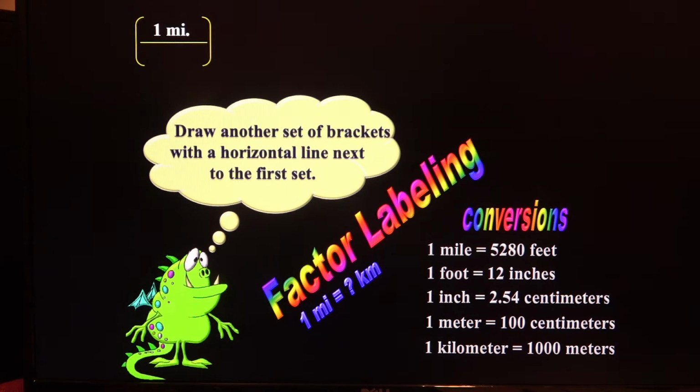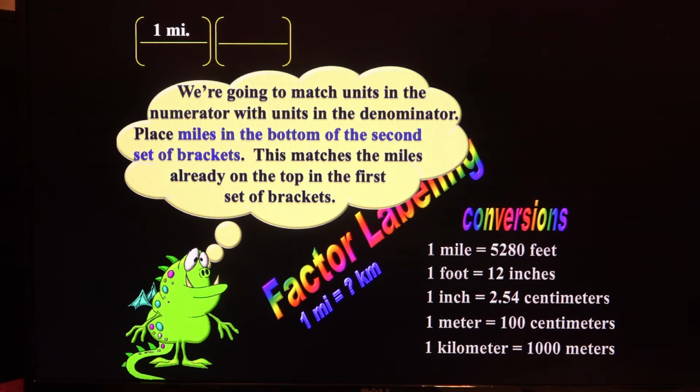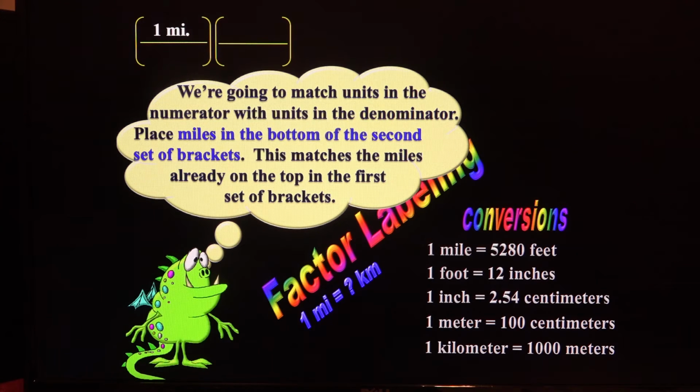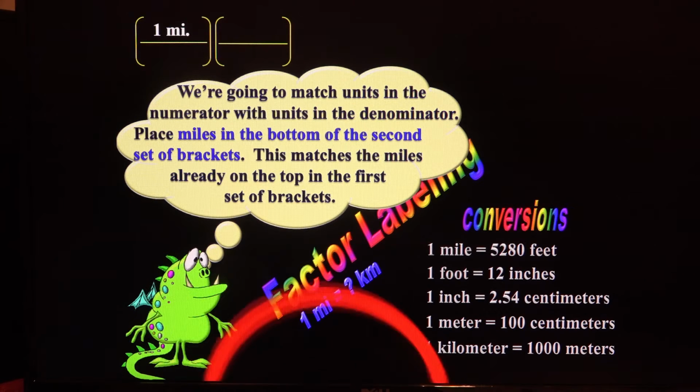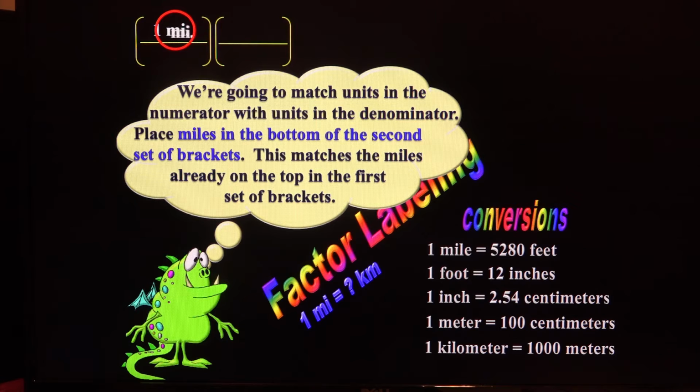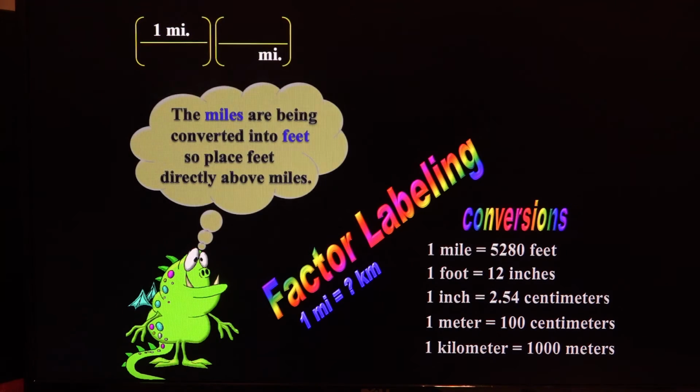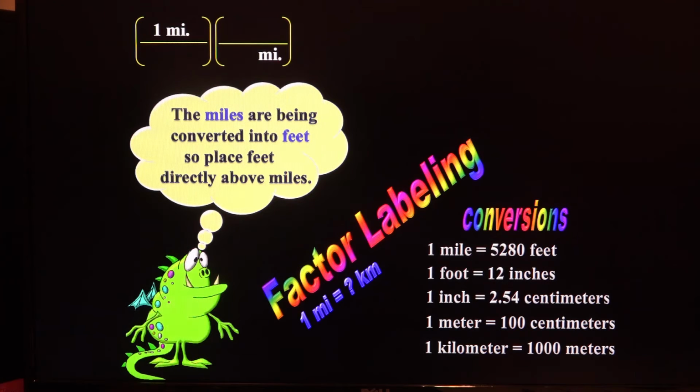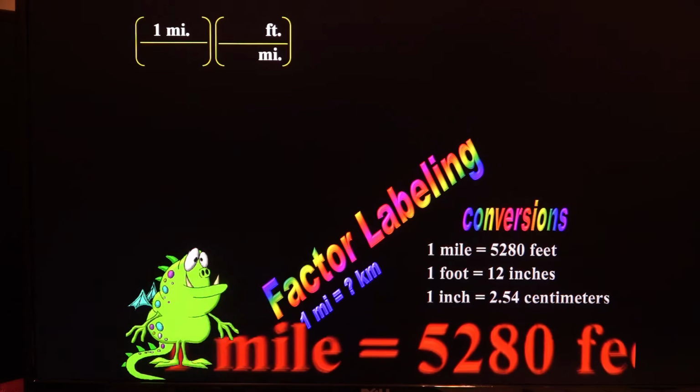Draw another set of brackets with a horizontal line next to the first set. We are going to match units in the numerator with units in the denominator. Place miles in the bottom of the second set of brackets. This matches the miles already on the top in the first set of brackets. The miles are being converted into feet, so place feet directly above miles.